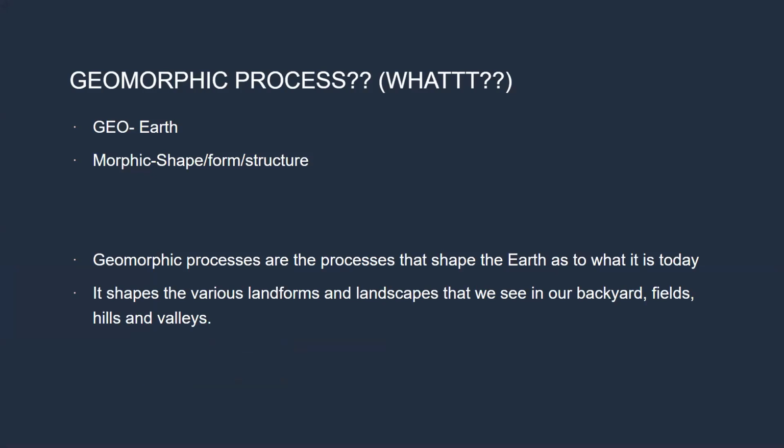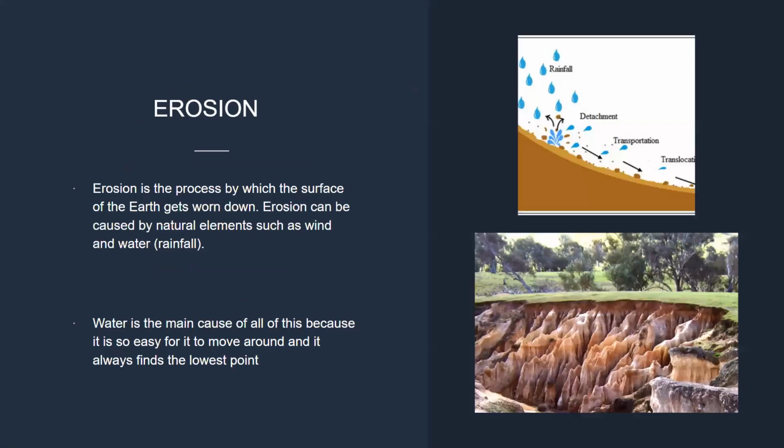So Earth, shape, form, or structure. A geomorphic process is a process that shapes the Earth into what it is today. It shapes the various landforms and landscapes that we see in our backyard, fields, hills, and valleys. So it is telling us what happened to make these things.